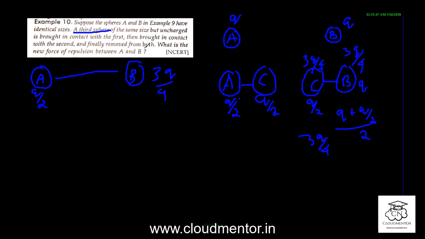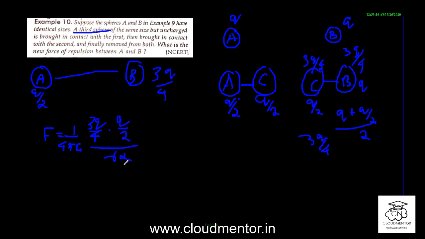And the question is, what is the new force of repulsion between A and B? We can find it simply by applying the equation, that is 1 by 4 pi epsilon 0 times 3Q by 4 multiplied by Q by 2, all divided by R square.